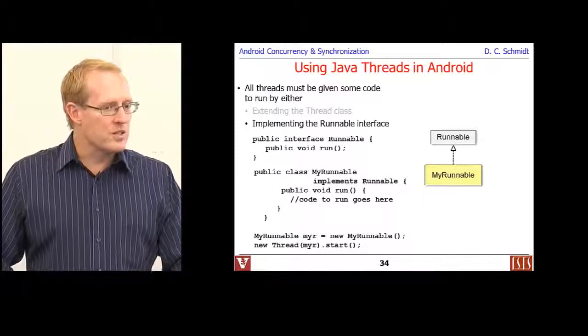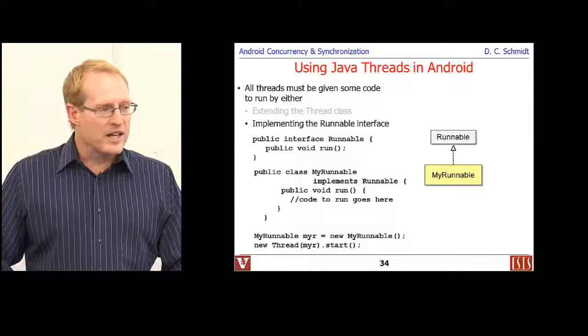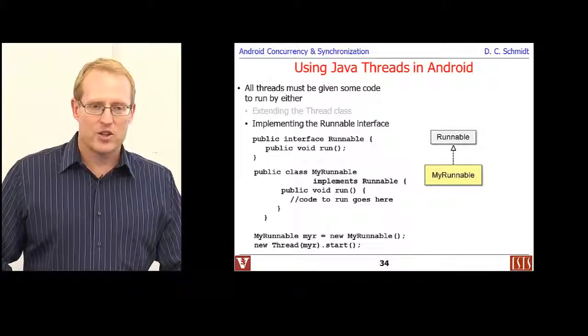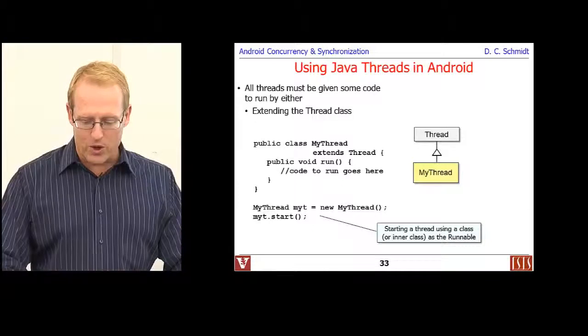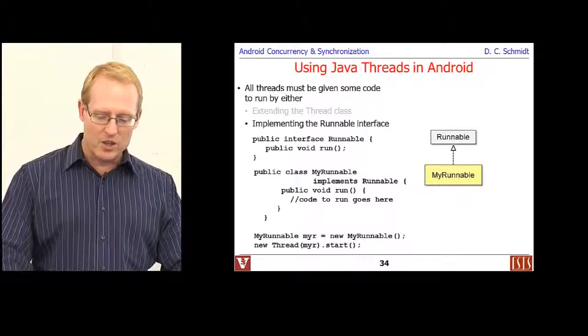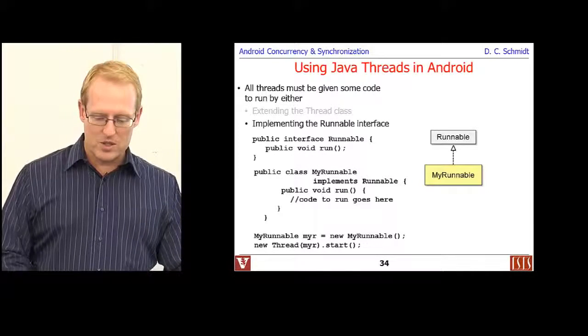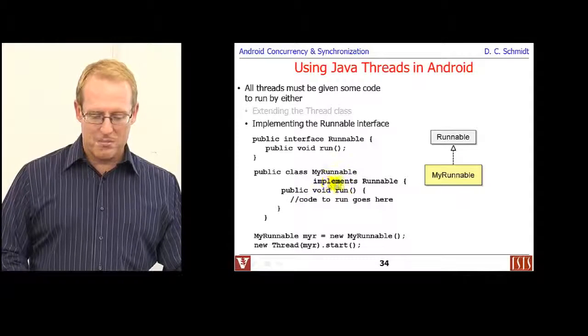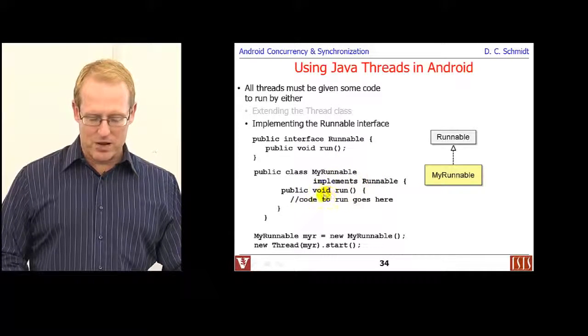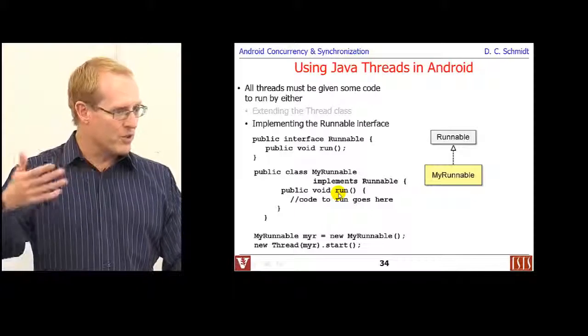Another way you can do this, which is actually pretty common, is to implement the Runnable interface. You can see that before we inherited from Thread, another way to do it is to implement Runnable. So in this particular case, we have MyRunnable, which implements Runnable, and then we do whatever we want to do here.